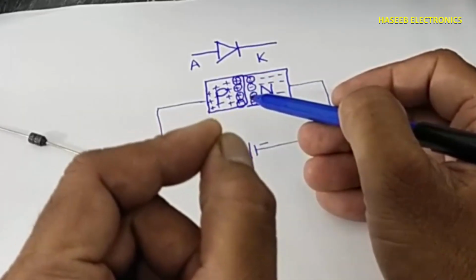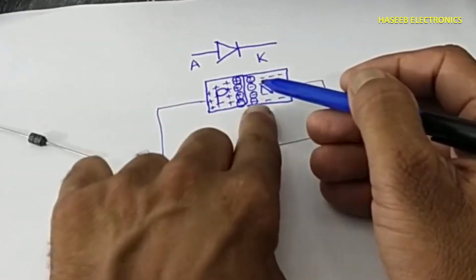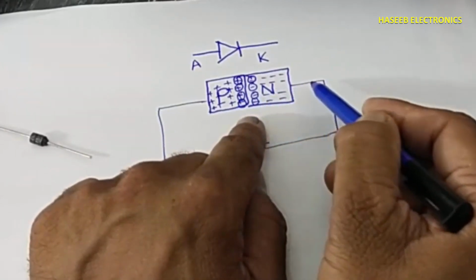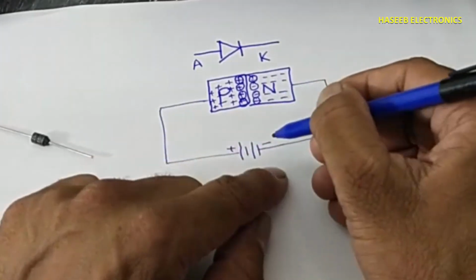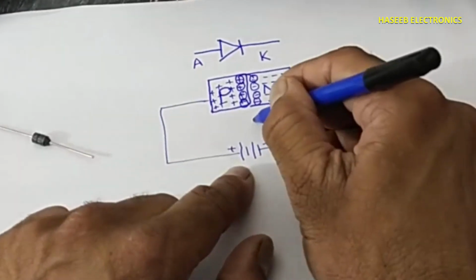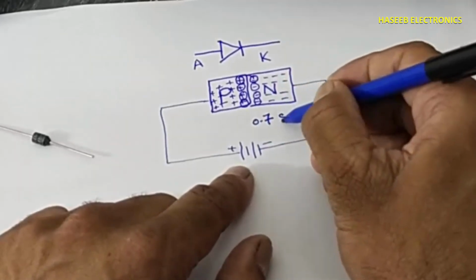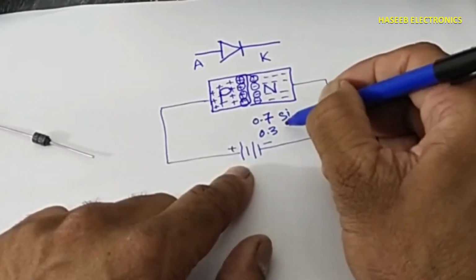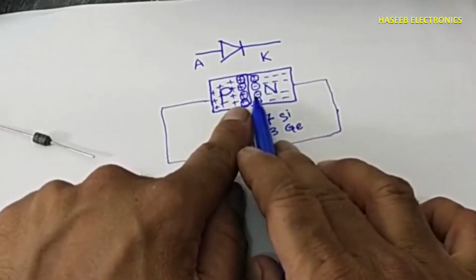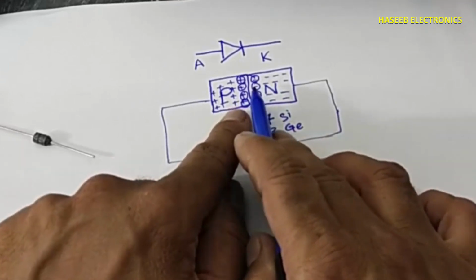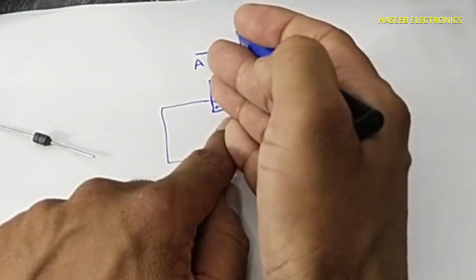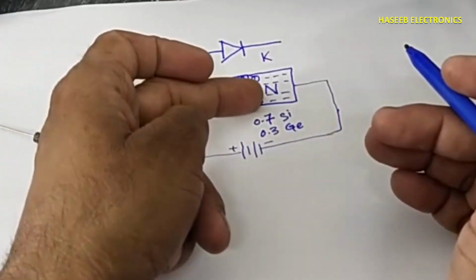This temporary barrier will become weak, so the electrons will jump and positive holes will move in this direction. We can say when the potential increases to 0.7 volt for silicon, 0.3 volt for germanium, at that time this barrier will break, these electrons will jump to the positive area and current will start to flow.